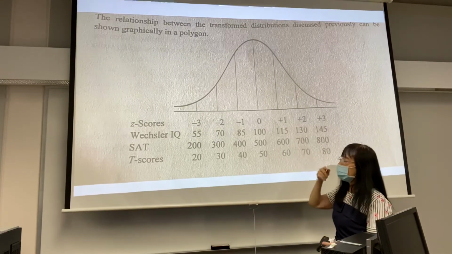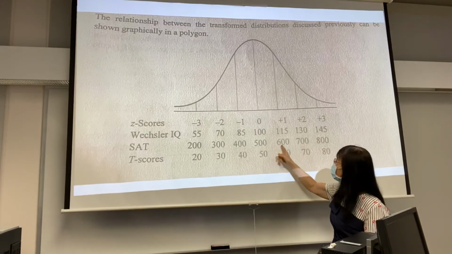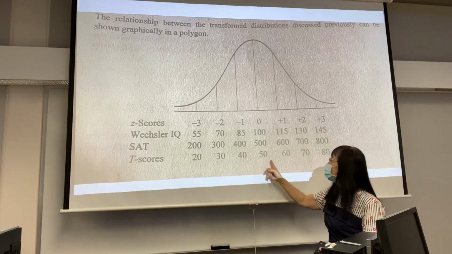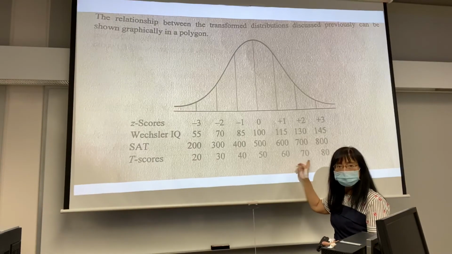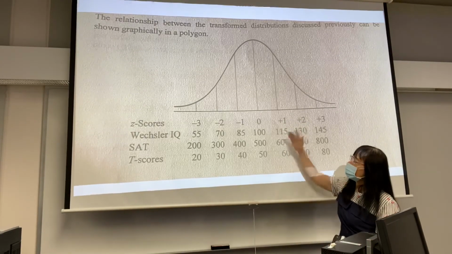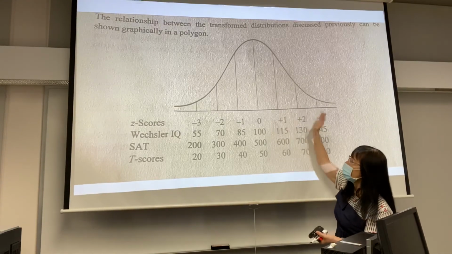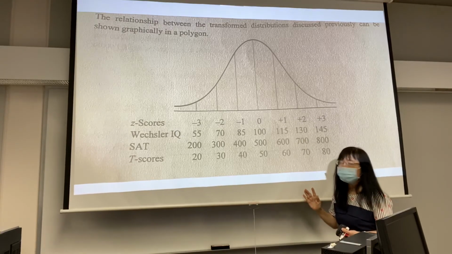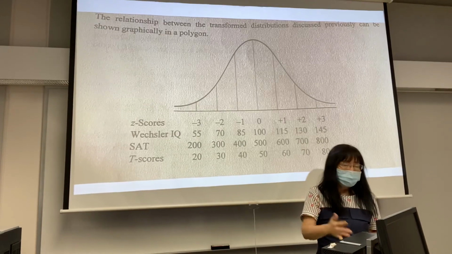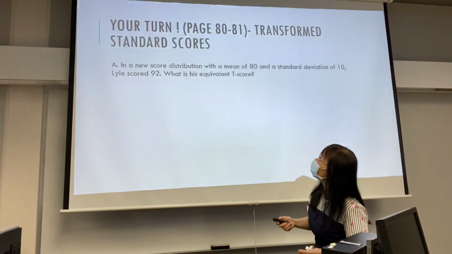SAT is 100, so it'll be 500, 600, 700, 800. And T-score will be 50, 60, 70, 80. So you can see from this chart, even when you transfer, they are in the same normal distribution. So the Z-score is the key. Once you got this score, then you can transfer to whatever score you want.